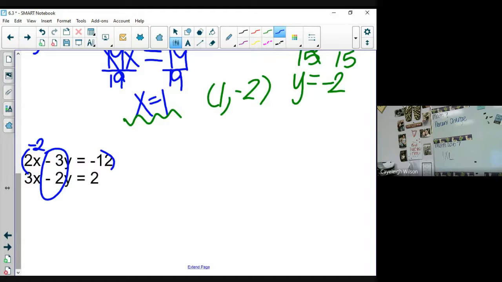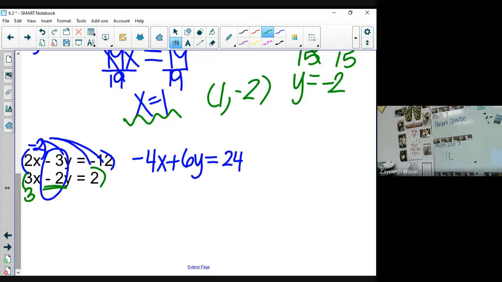-2. So that's gonna be -4x. -2 times -3 is gonna be +6y. And -2 times -12 is gonna be +24. Alright, so since I made this one +6, the other one has to be -6. So what am I gonna multiply -2 by to make -6? +3.